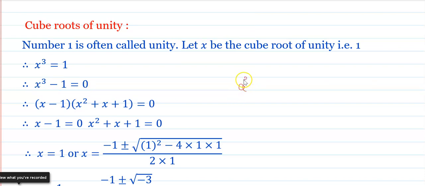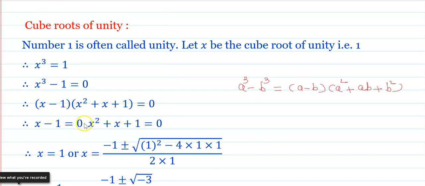A cube minus b cube, that's equal to, in first bracket, a minus b, in second bracket, a square plus ab plus b square. Okay. And hence in first bracket x minus 1, in second bracket x square plus x plus 1, and that's equal to 0.